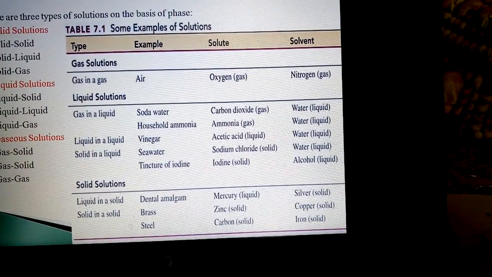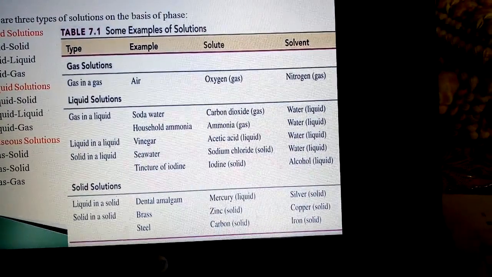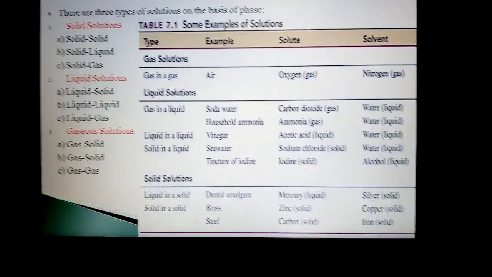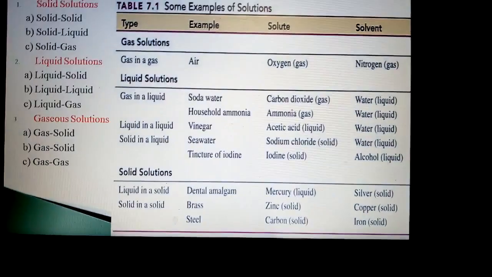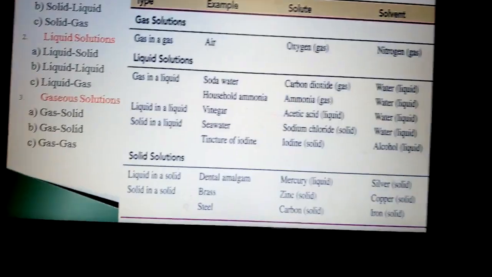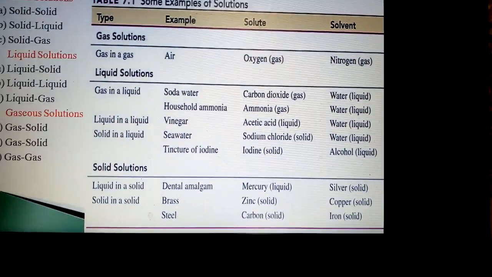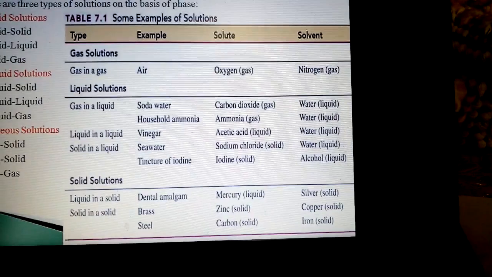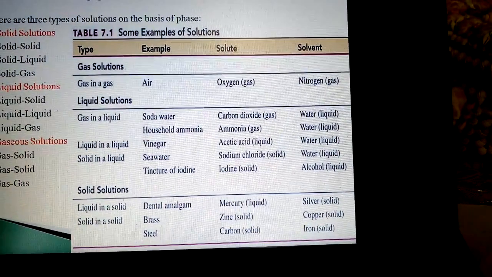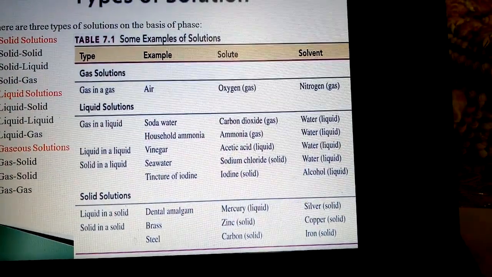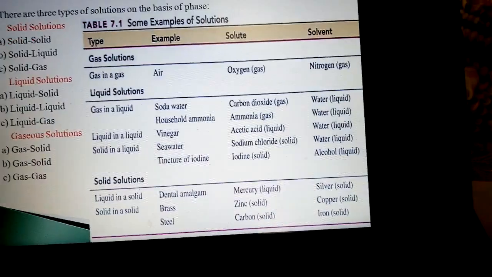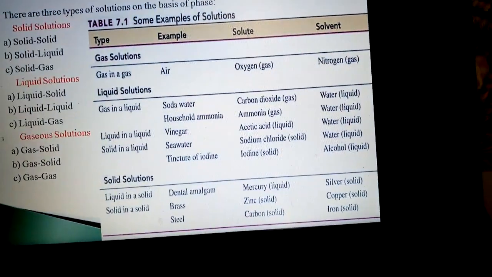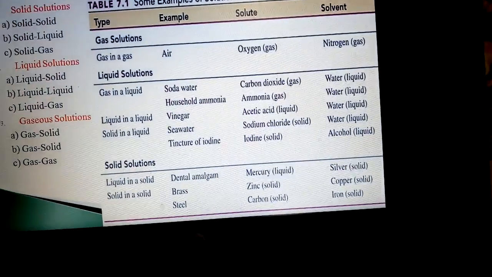The second one is solid in solid, where we can also take the example of alloys, such as brass, in which zinc, present in the solid state, acts as a solute, and copper, also present in the solid state, acts as a solvent.